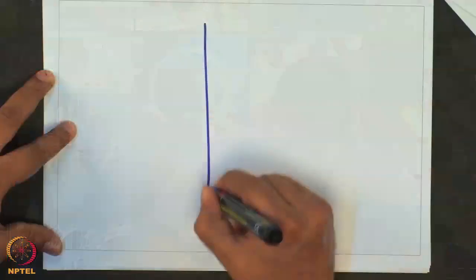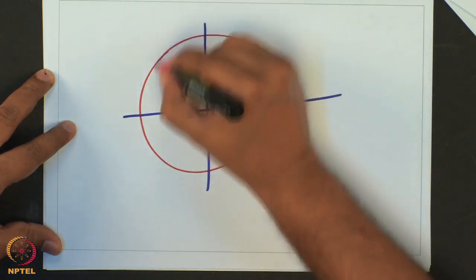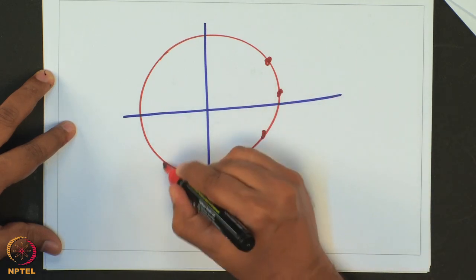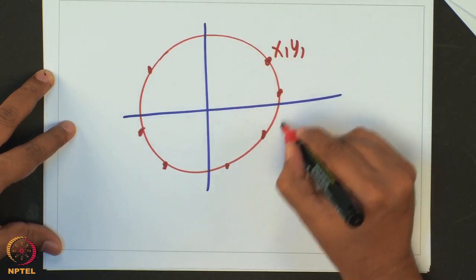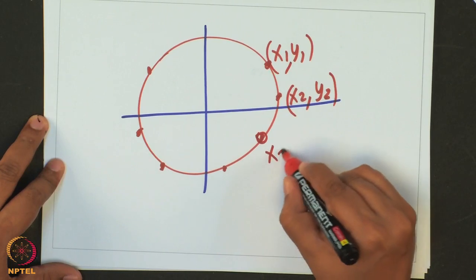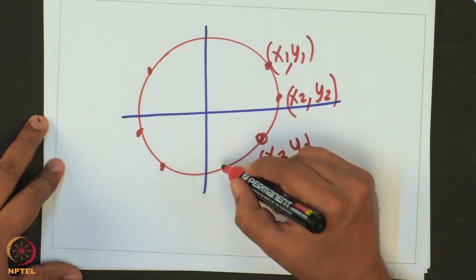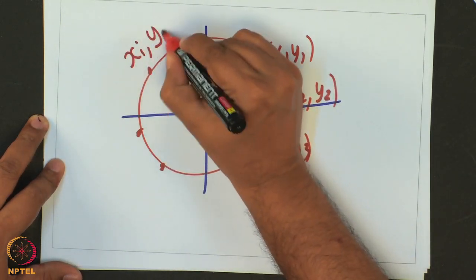If I take a circle, every point has different x and y. This will have x1, y1, this will have x2, y2, this point is x3, y3. So this point in general could be like some xn, yn, so xi, yi.